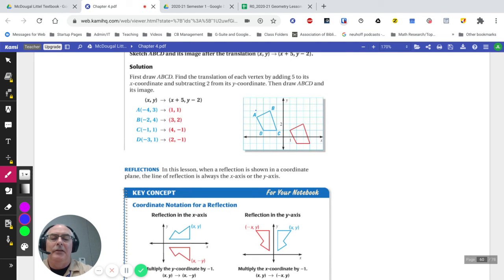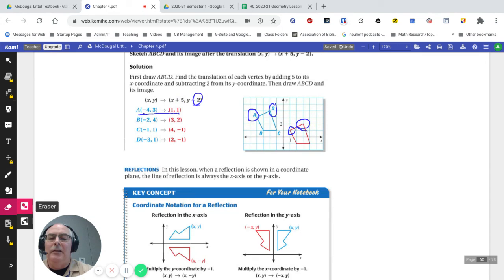So in this case, I take this point and I look there, that point to there, and I can see I've gone from -4, 3 to 1, 1. So from -4 to 1, I've moved 5, that's positive 5. From 3 to 1, I've moved -2. And I can test that for every single case.